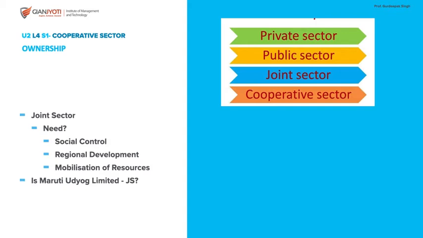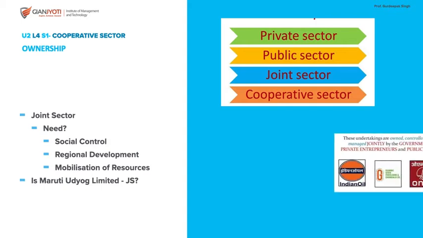And also the mobilization of resources, which is the biggest factor for the joint sector. So collaboration of government and the private sector, and these are the three major things which the public sector looks at to enter into the joint sector.